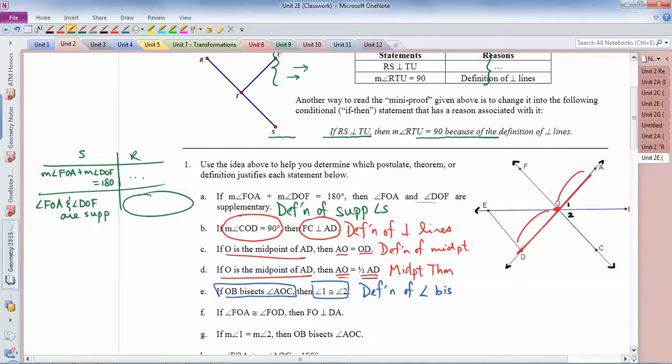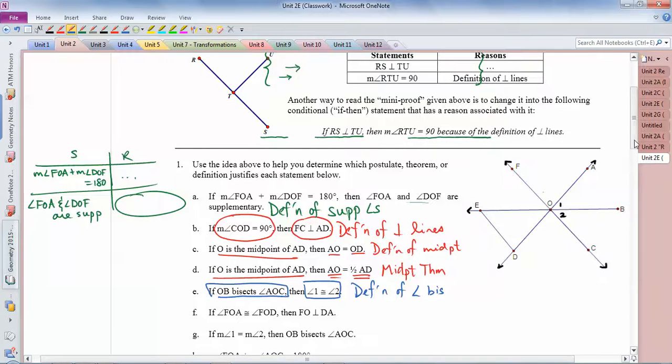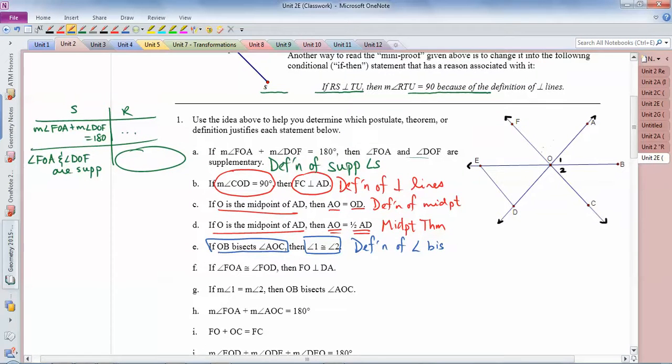Okay, part F says, if FOA, this one, is congruent to FOD, this one, so these two angles are the same, then FO is perpendicular to DA. So it's something about if congruent angles, then perpendicular sides.